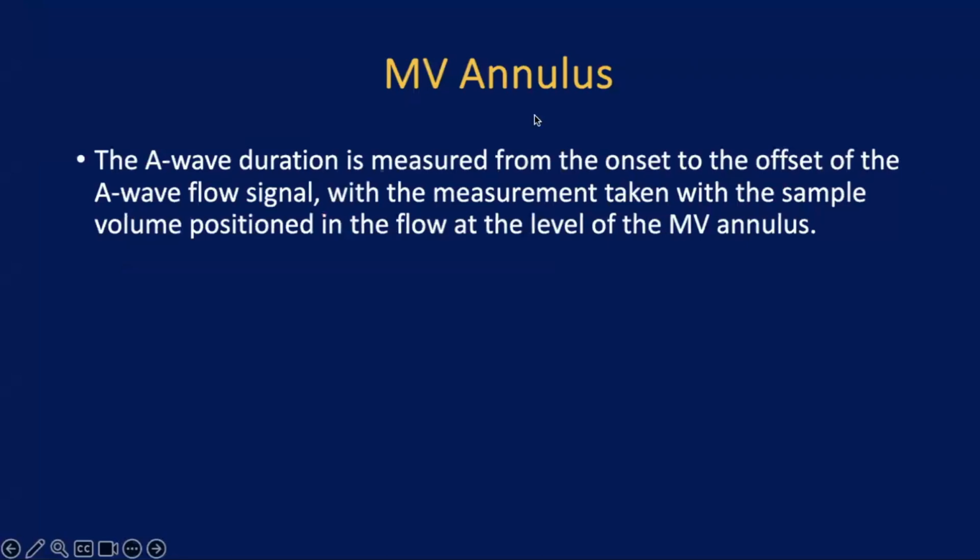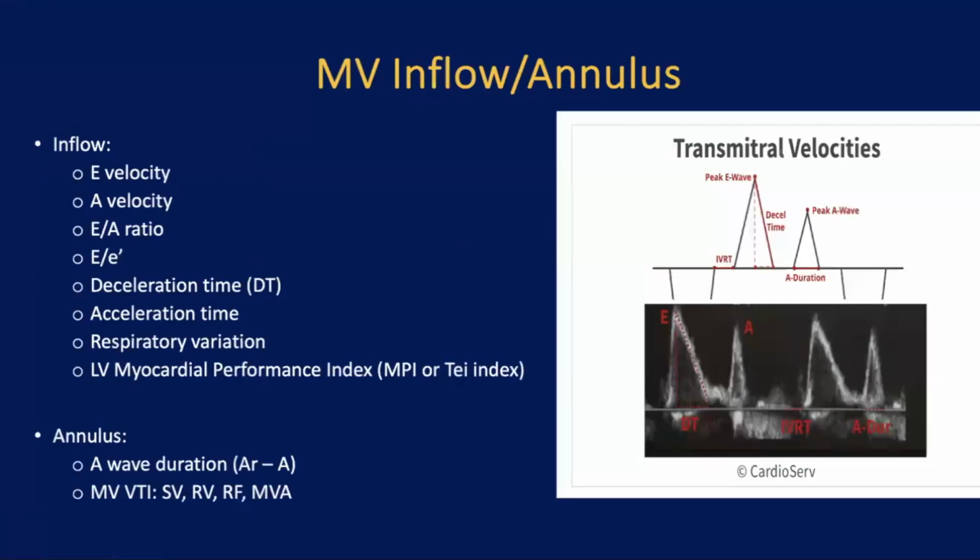Also, we should measure the pulse wave at the level of the mitral valve annulus. It's really important if we want to calculate the stroke volume through the mitral valve, and if we plan in the future to use the A wave duration for any measurement. And what can we get? A lot, just by pulsing the mitral valve tips.